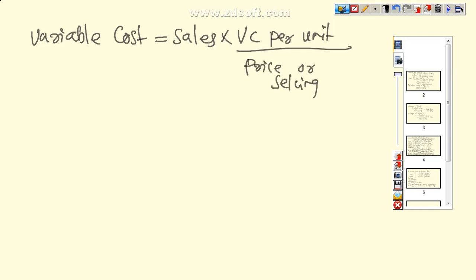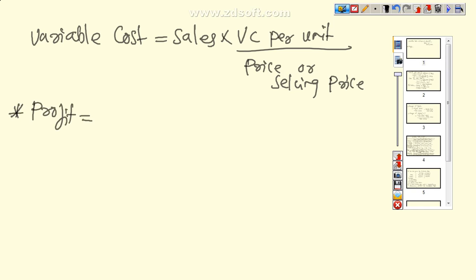Sometimes in the question price or selling price is given, variable cost per unit is given, then variable cost is equal to sales multiplied by variable cost per unit upon price or selling price.